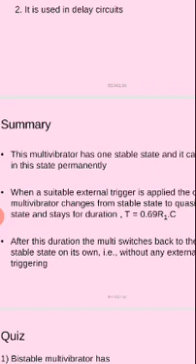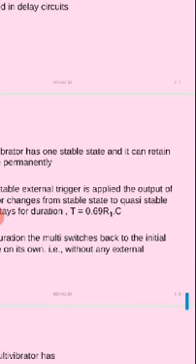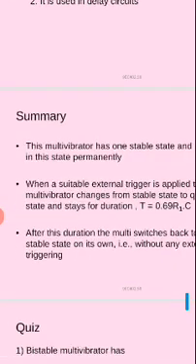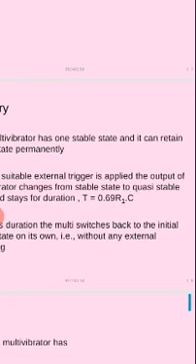When a suitable external trigger is applied, the output of multivibrator changes from stable state to quasi-stable state and stays for duration T equal to 0.69 R1C.